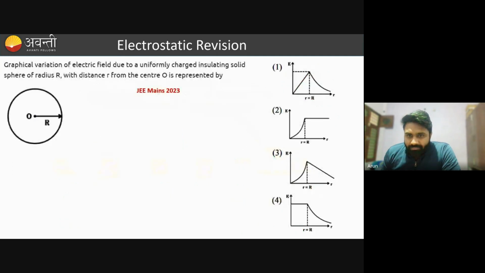So in the fourth option, it is a constant value. E must not be constant. E will not be constant for the inside region, E will vary linearly. So you have to find the option that contains this line. Now tell me the answer. Okay, so option 1 is the correct option. Sangeeta, option 1 is the correct option.